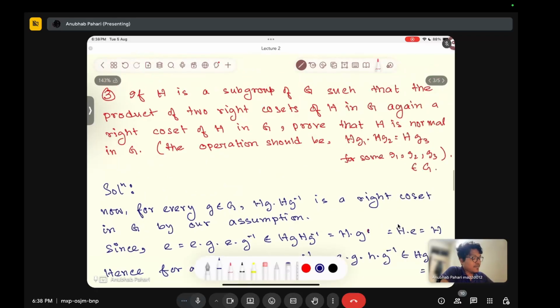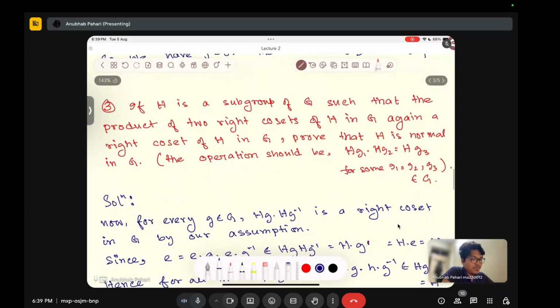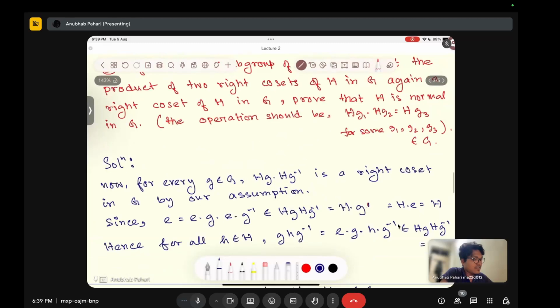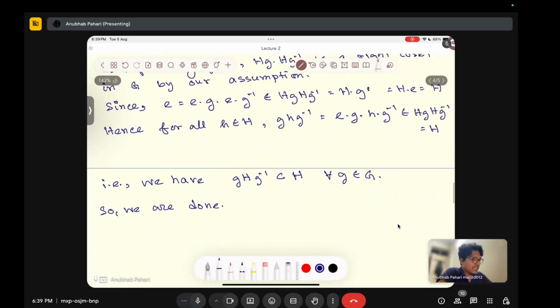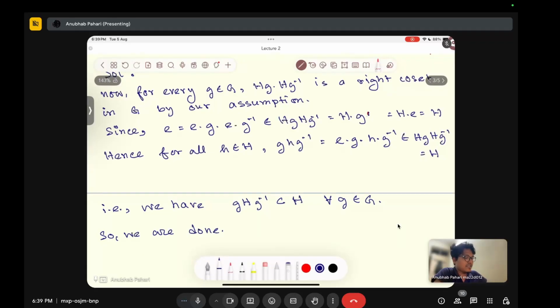Okay, let's leave it for now, because it would waste time to think it through and do it. Maybe I will solve this and send you by email. But you are right, we cannot use that Hg1 Hg2 equals Hg1g2, because that would simply mean that H is normal. But anyway, thank you for this point, Sandeep. I will keep it in mind.